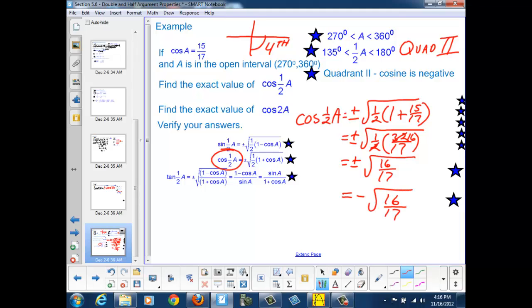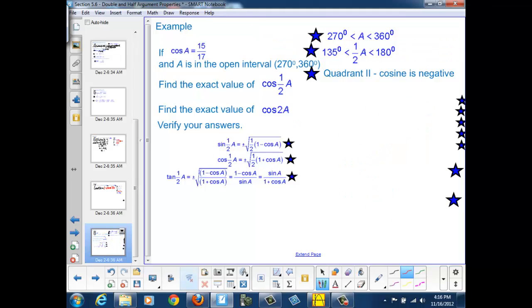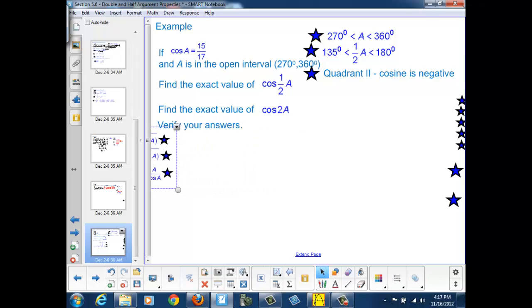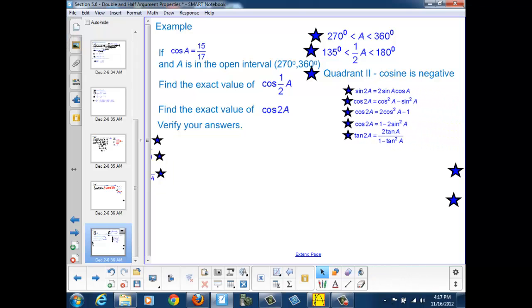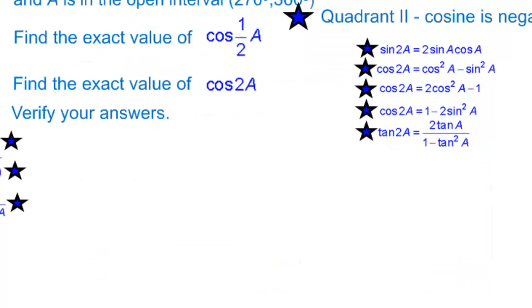Now let's find the exact value of the cosine of 2a. So we're not going to need these half-angle arguments anymore. Let's pull out our double angle arguments. And to find the exact value of cosine 2a, we're going to need a formula that uses the value of cosine a, which would be our formula right here.